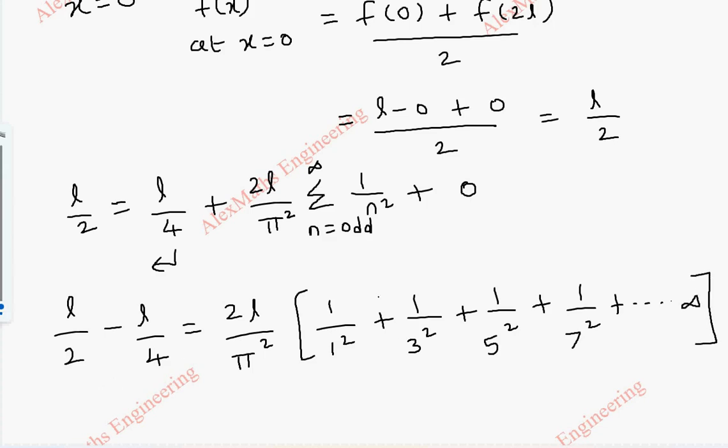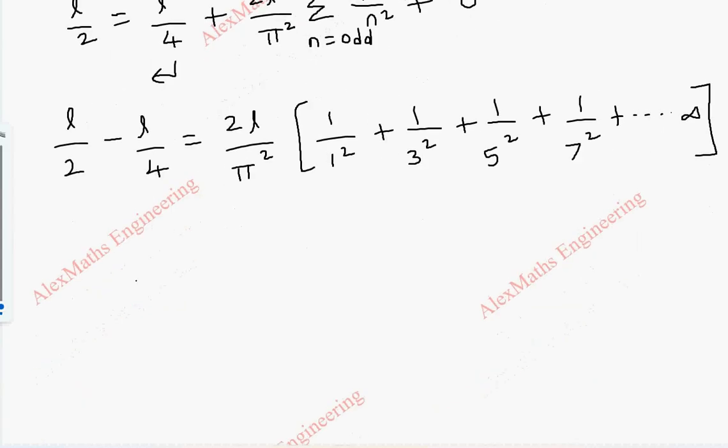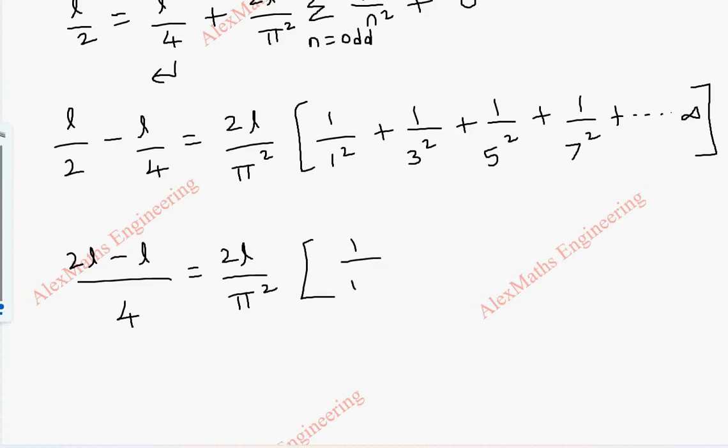So we're going to take LCM for this. LCM is 4 here, and this is 2L minus L equal to 2L by pi square, and we have the summation 1 by 1 square plus 1 by 3 square plus 1 by 5 square plus 1 by 7 square plus dot dot dot till infinity.